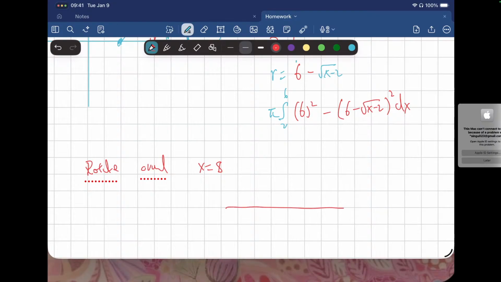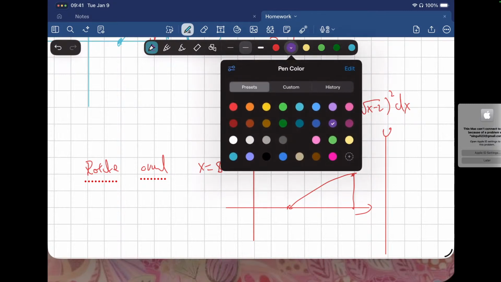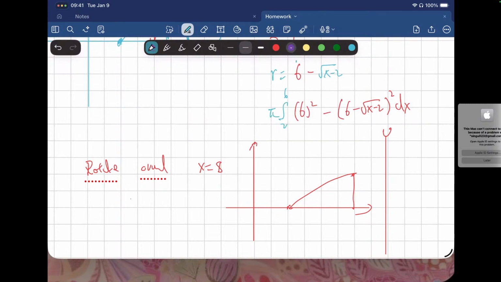The whole thing is 6. So, dx or dy? dy, boundaries from where to where? Washer or disk?